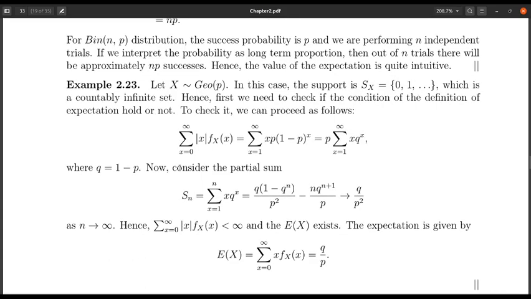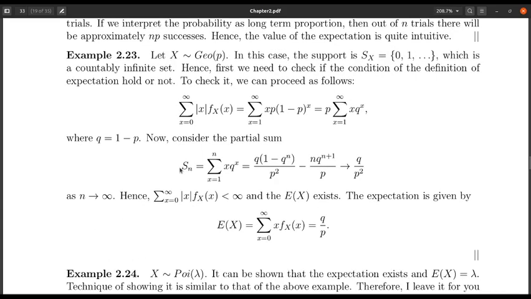Let us talk about another example, which is the geometric one, and in the case of the geometric, the support is not finite. So clearly, when the support is not finite, I first need to check whether this quantity is finite or not. In this case, this checking is very simple, because all the elements of the support are positive.